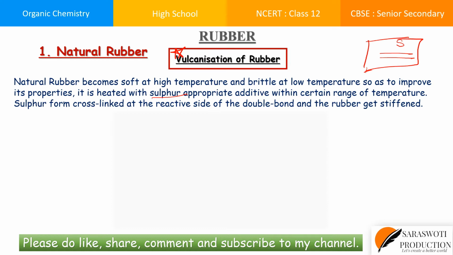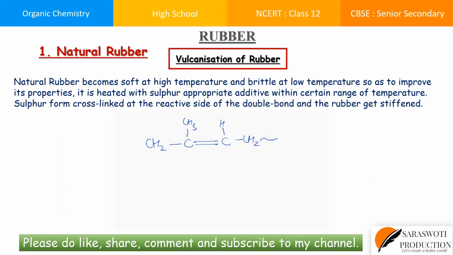Where there's a double bond, the bond will break and sulfur attaches. So we have CH2, CH3. We had a double bond, now it breaks down to give a single bond. I'm going to show you in a moment. Let's say we initially have something like this.